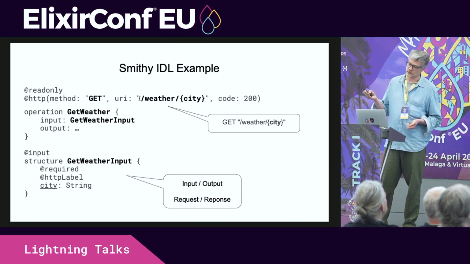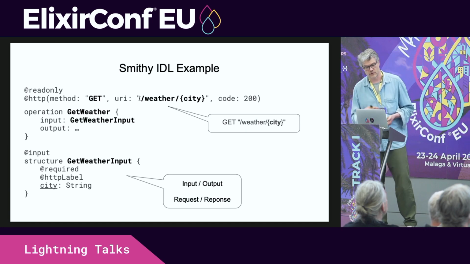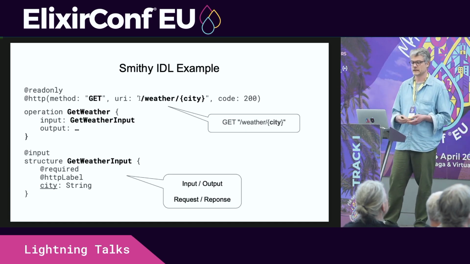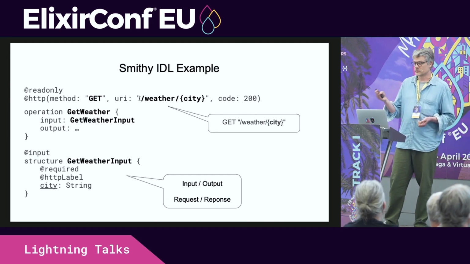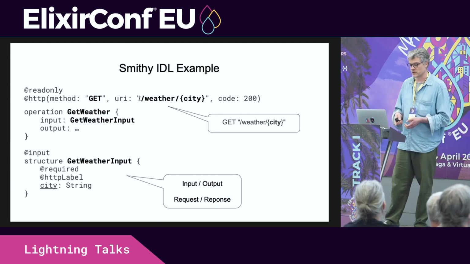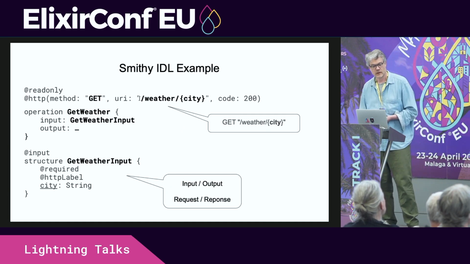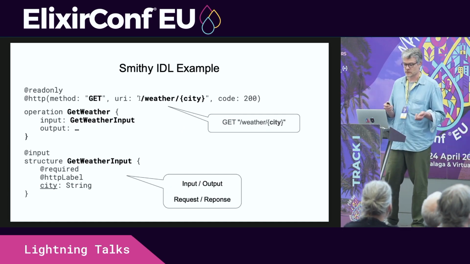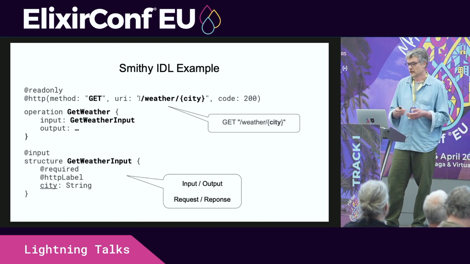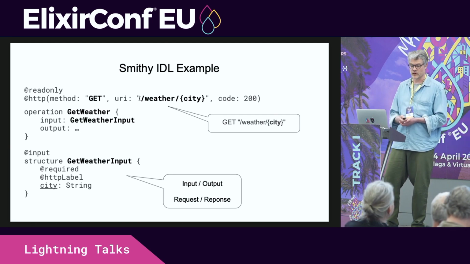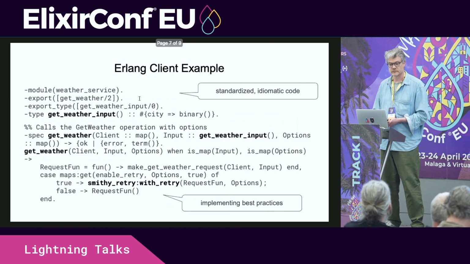You define the URL, the return code for success, and basically you go deeper and define each operation input-output, which map to request-response formats. And each input-output structure is also further defined by labels, requirements, and stuff.